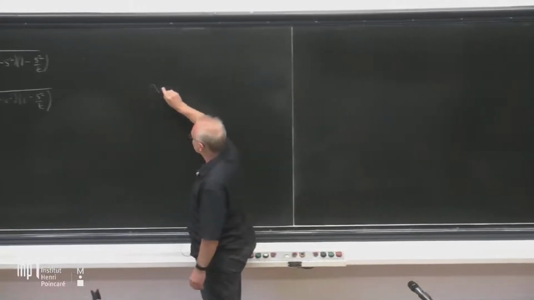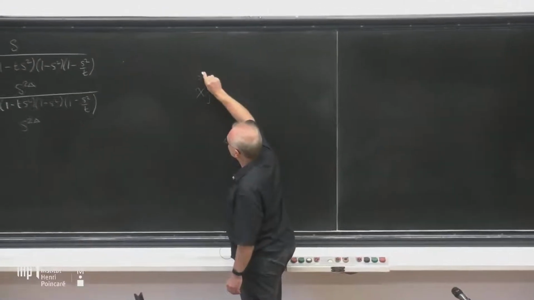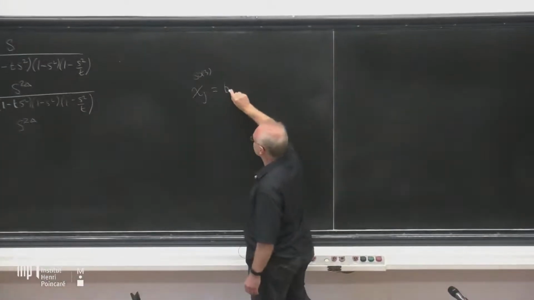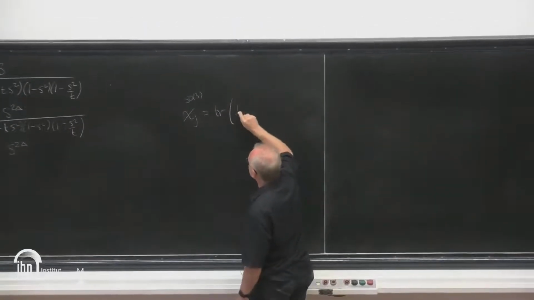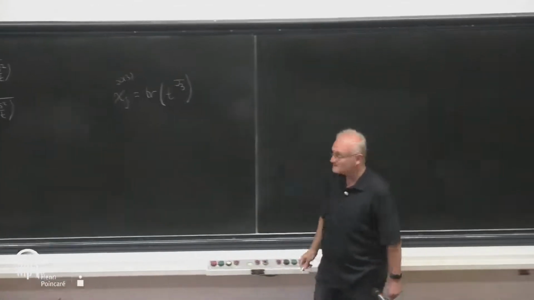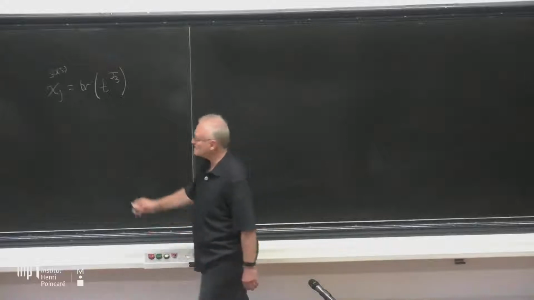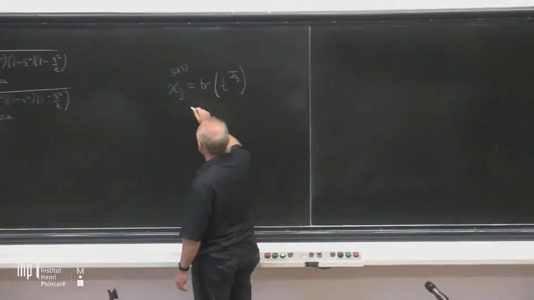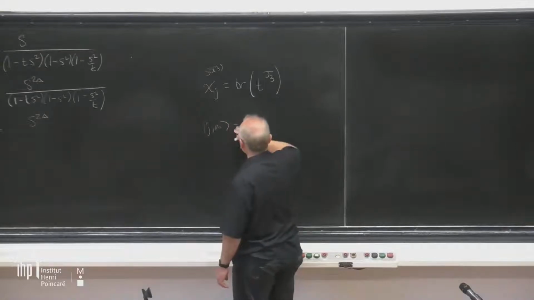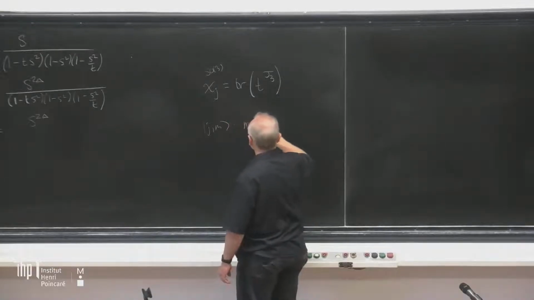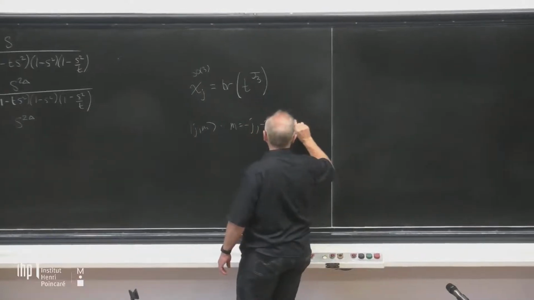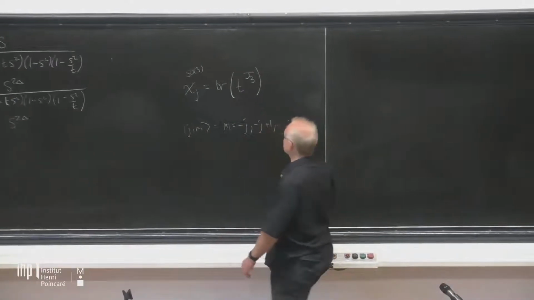Well, the character chi j, this is now the SO3 character. This would just be the trace of t to the j3. And what values can j3 take if I'm in spin j? So my states look like jm, and m goes from minus j, minus j plus 1, up to j minus 1, and then j.